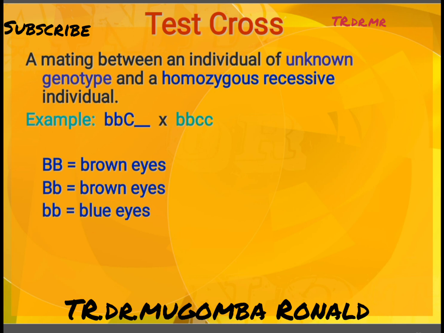I've already explained this very well. When you look at capital B, and then capital B, small b, giving you brown, that is enough to tell you that the gene for brown eyes is dominant over the gene for blue eyes. Why? Because it can phenotypically express itself in both the homozygous state and the heterozygous state.